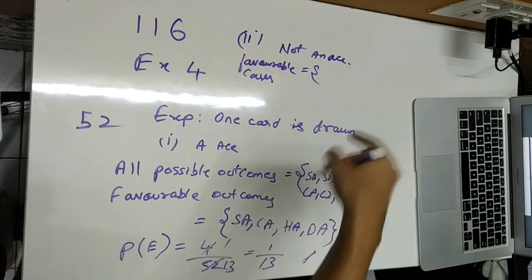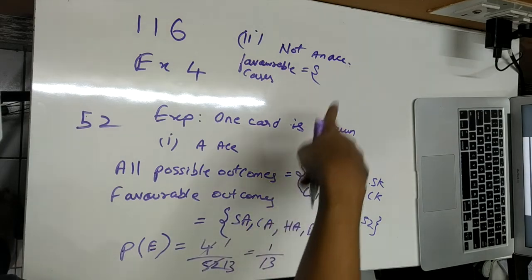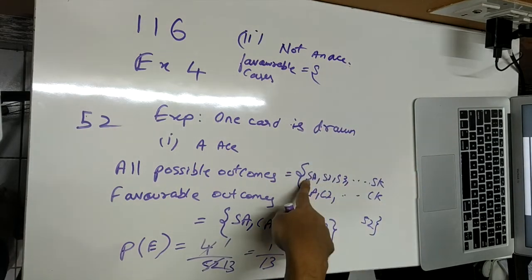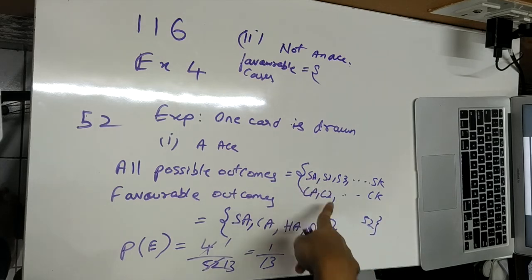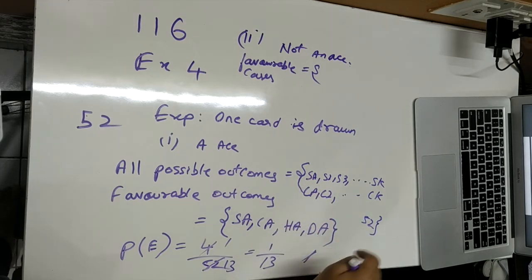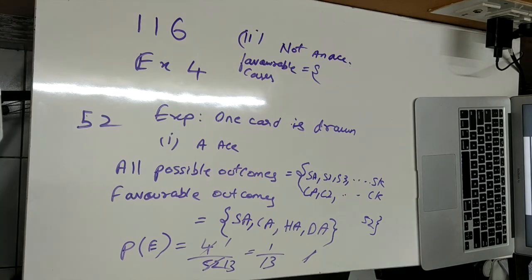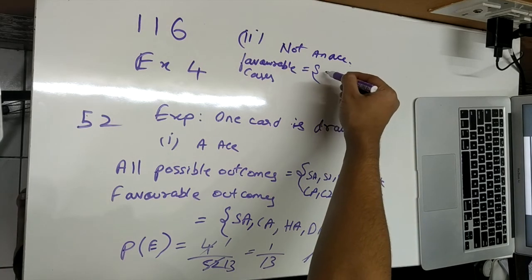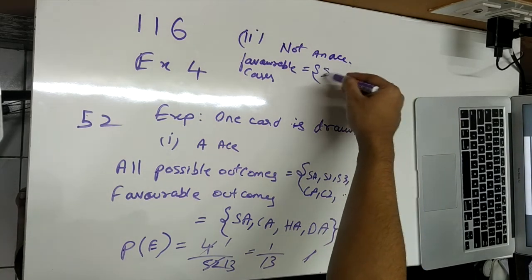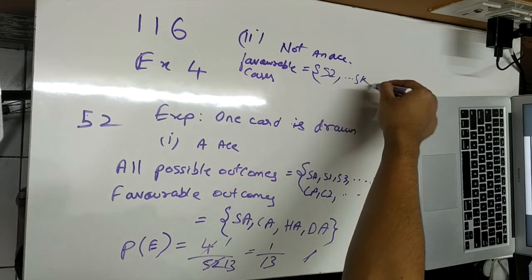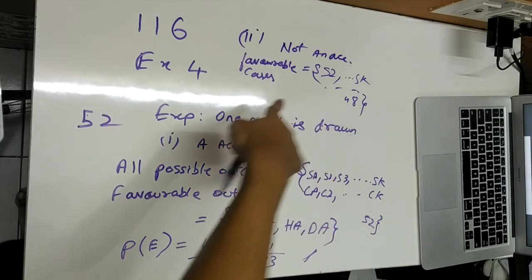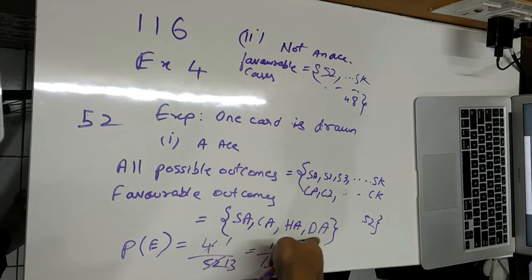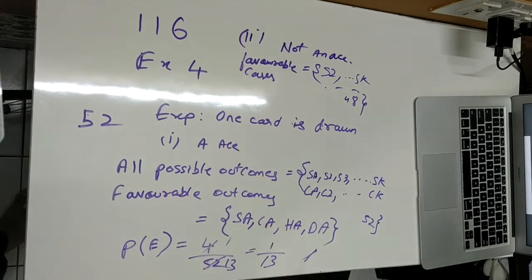Again we will draw a bracket, and from all possible outcomes we will start writing one by one. It should not be an ace. So spade ace won't work, club ace won't work, heart ace won't work, and diamond ace won't work. But the remaining 48 cards will work, no? Starting from spade 2 up to spade king and all of them. So all the 48 cards, that is 52 cards minus these 4 ace cards, everything will work. Those will be the favorable cases.